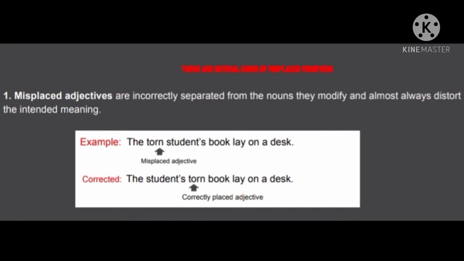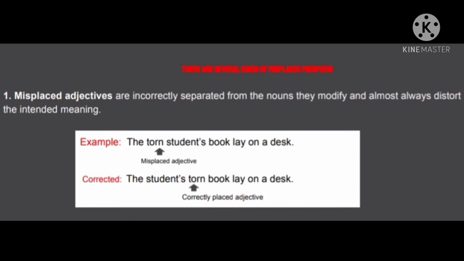Misplaced adjectives are incorrectly separated from the nouns they modify and almost always distort the intended meaning. So when the intended meaning is distorted, the meaning of the sentence can be changed, or there's a twist.